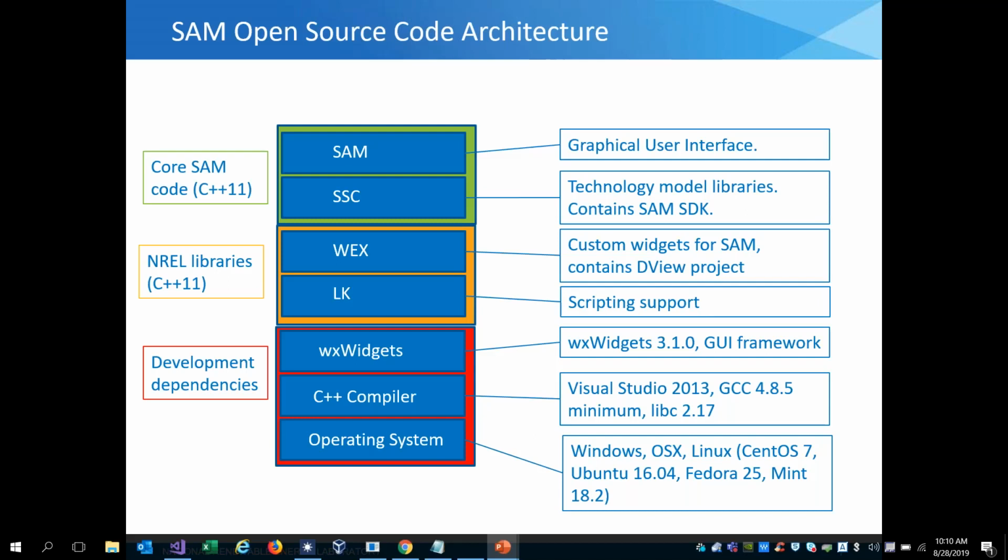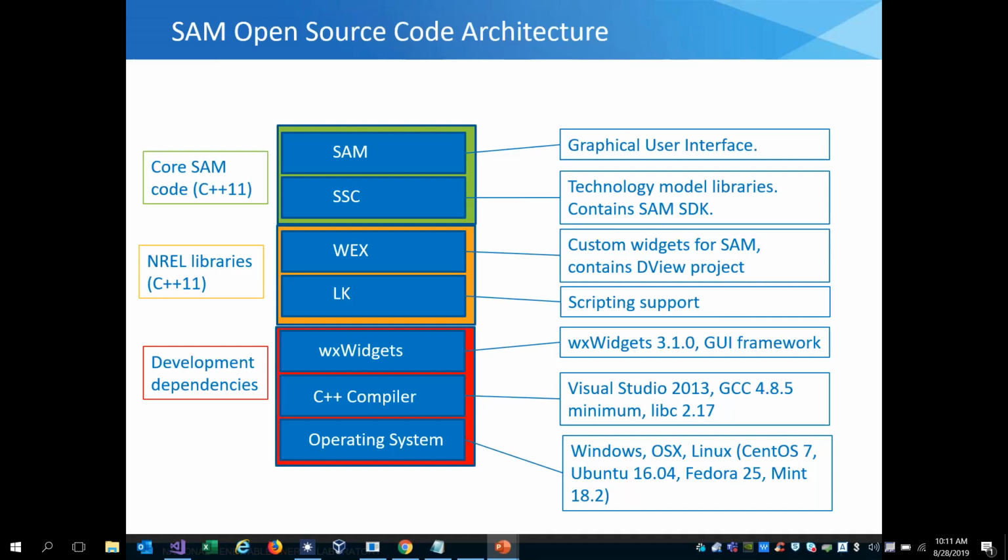On top of that, we have a few NREL libraries with different functionalities, and these are all C++ 11 capable libraries. LK is a custom scripting language that is embedded into SAM. WEX is an extension of WX Widgets where we've built custom user interface widgets for SAM, and it also contains the DView project, which is a popular way to visualize time series data.